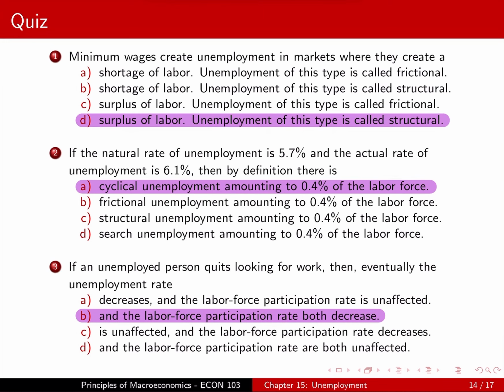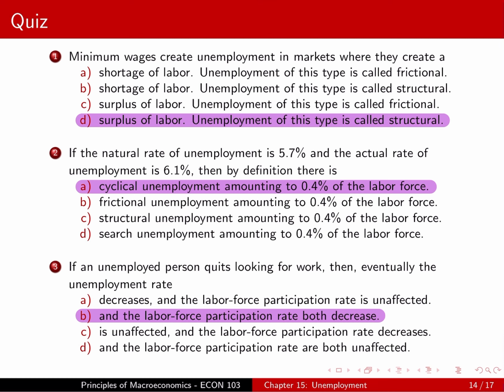Question number 2. If the natural rate of unemployment is 5.7% and the actual rate of unemployment is 6.1%, then by definition, there is what? Please recall that cyclical unemployment is the deviation of the actual unemployment rate from its natural rate. To calculate cyclical unemployment, we take the actual unemployment rate minus the natural rate of unemployment.